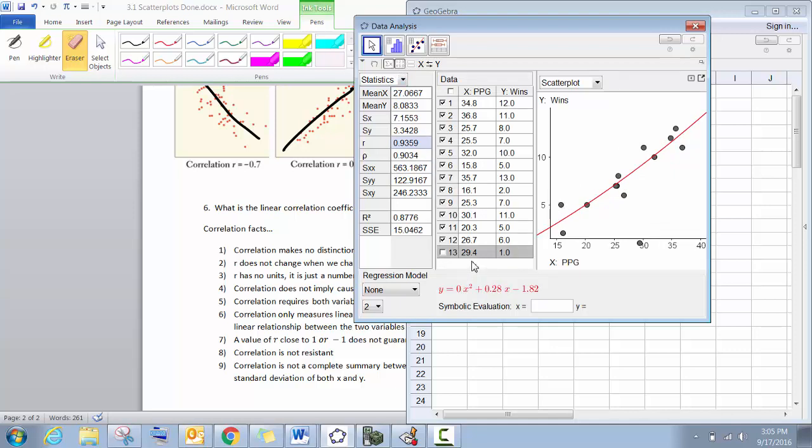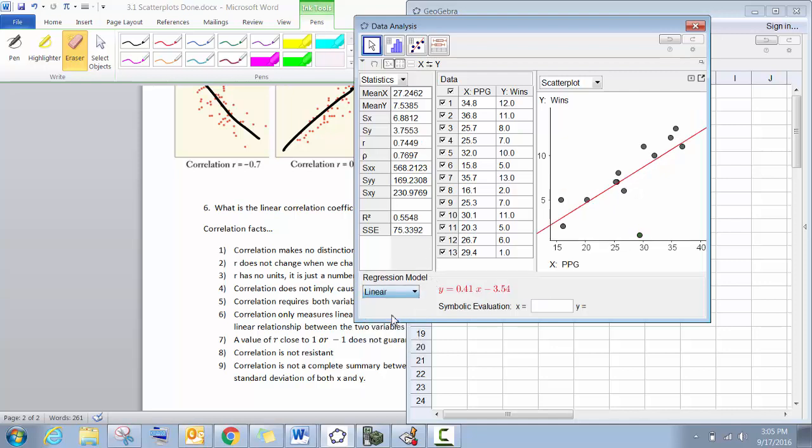I'm going to put in a value of 29.4 points per game and 1 win, which is obviously very different. Look what happens to the R value. It jumped all the way down to 0.7449. So it changes the line a lot. Again, look at it. The slope of the line changes. So it's not resistant. Extreme values do mess with it.